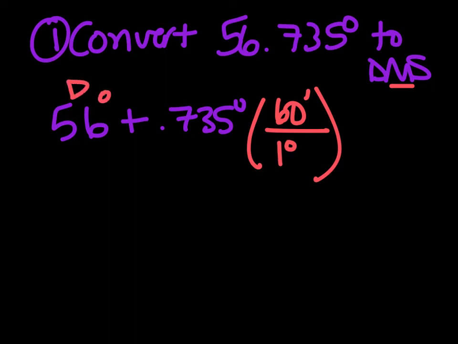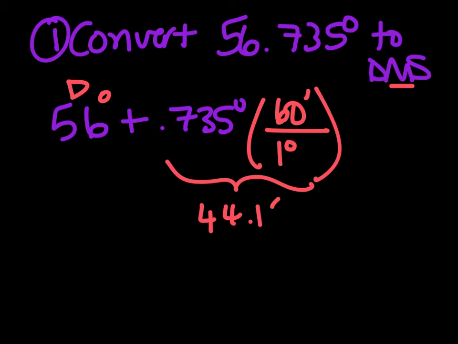And so when I do that, that's going to give me 44.1 minutes. Okay? But you notice I still have a decimal left right here. So I'm going to convert that 0.1 minutes into your seconds.